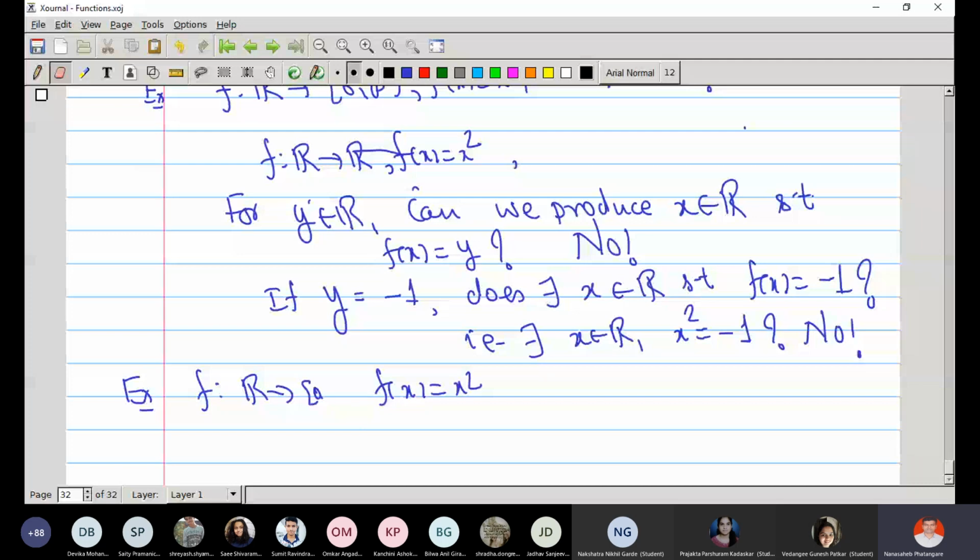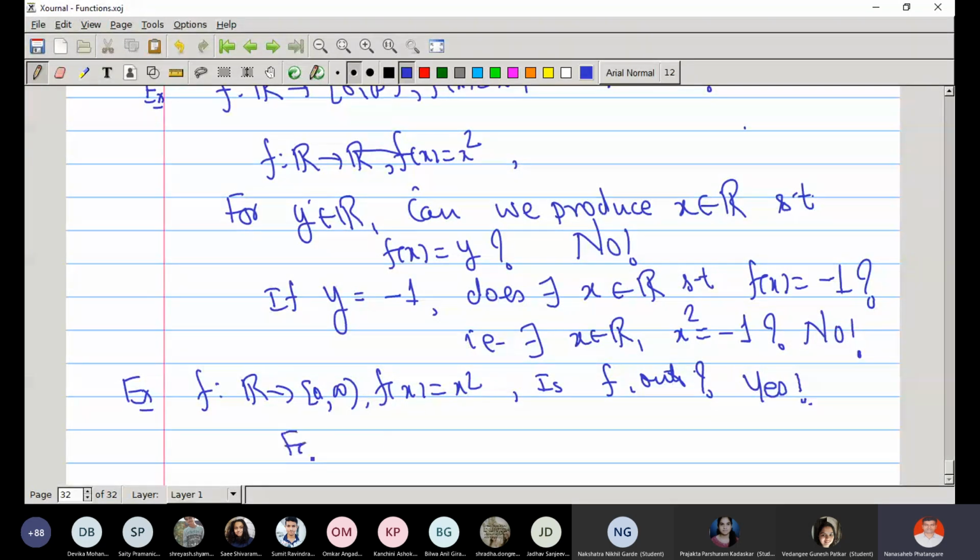Then is it onto? Yes, in this case it is onto, because no negative number is there.